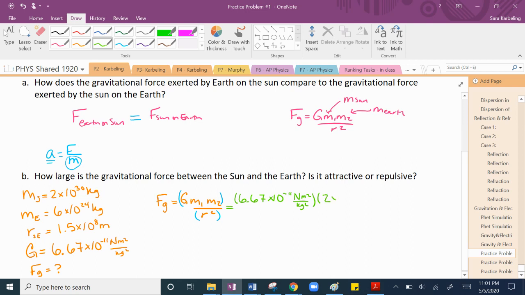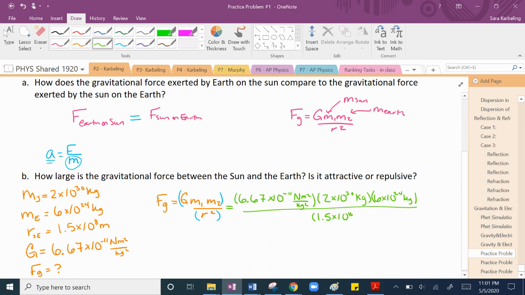So I've got 2 times 10 to the 30th kilograms, that's the mass of the sun, times 6 times 10 to the 24th kilograms, that's the mass of the Earth. I'm going to divide that all by the radius, which is 1.5 times 10 to the 8th.